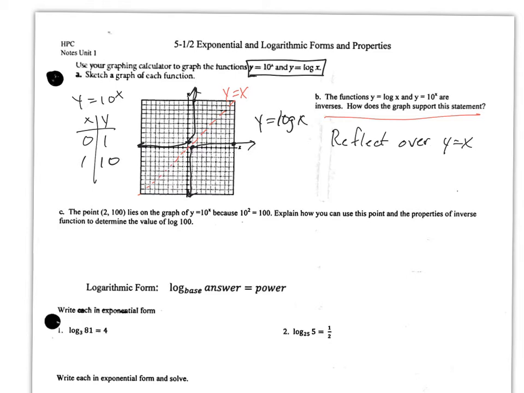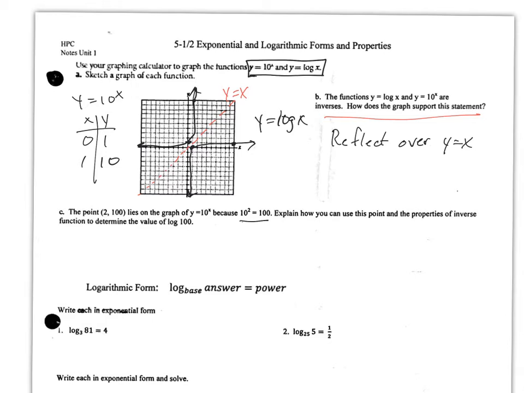Now, knowing that they're inverses helps a lot. To show you what that means, take a look at part C. We have a point (2, 100) on the graph of y equals 10 to the x because 10 squared equals 100. So we know that 10 squared equals 100 is true. Explain how you can use this point and the properties of inverse functions to determine the value of the log of 100.